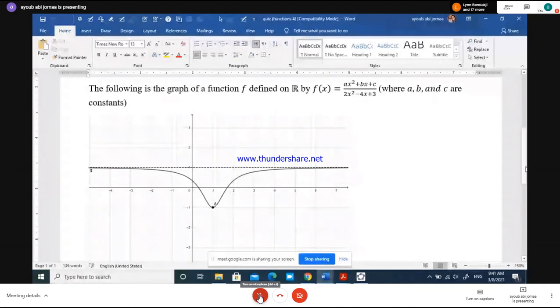طيب، إذا فيك بس تعيد السؤال ارجع اكتبه. Just find A, B and C. أي أوكي هي فهمت. The following graph is the graph.